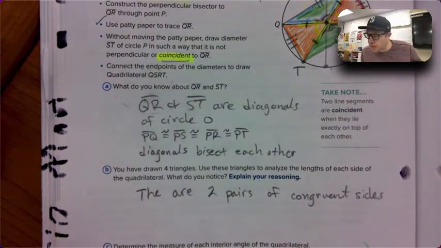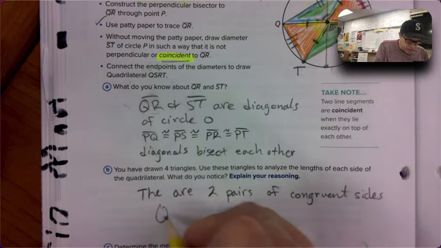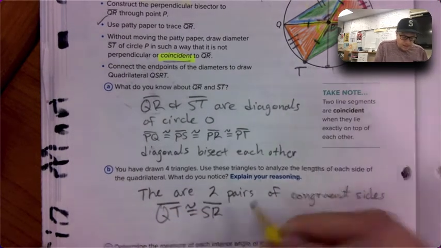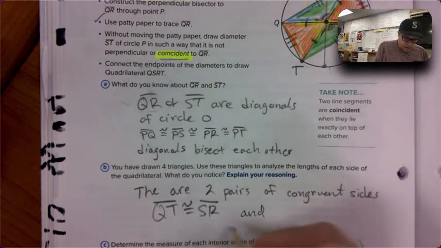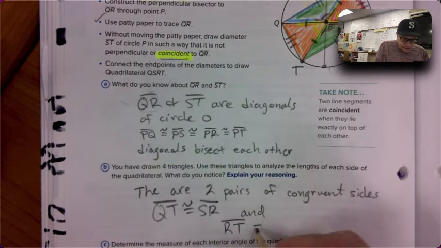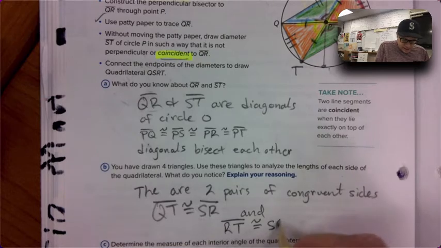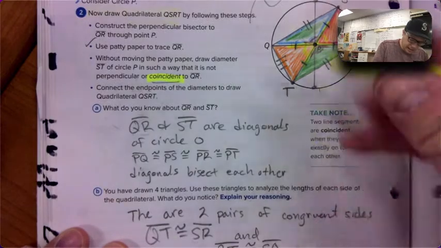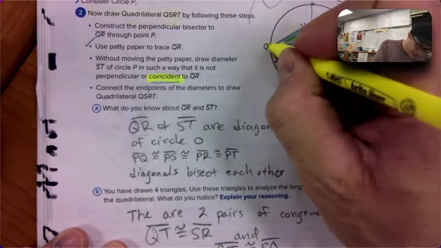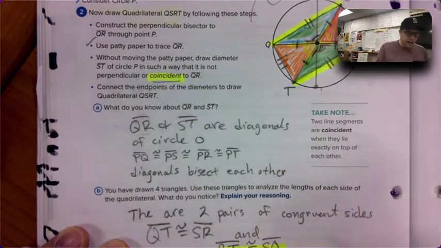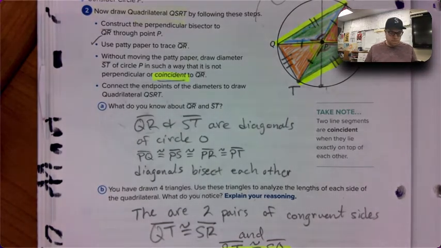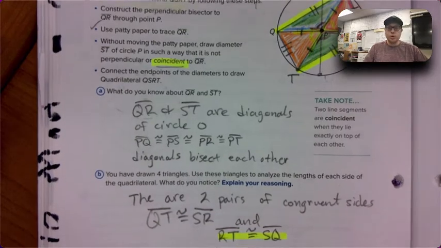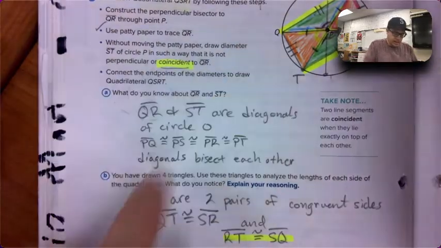QT is congruent to SR, and RT is congruent to SQ. It might be helpful in this moment to bring a little highlight in. So I'm going to highlight RT and SQ the same way. I don't have a matching highlighter color here, but I know you've got several because I've let you borrow them. So use your other highlight colors to highlight.